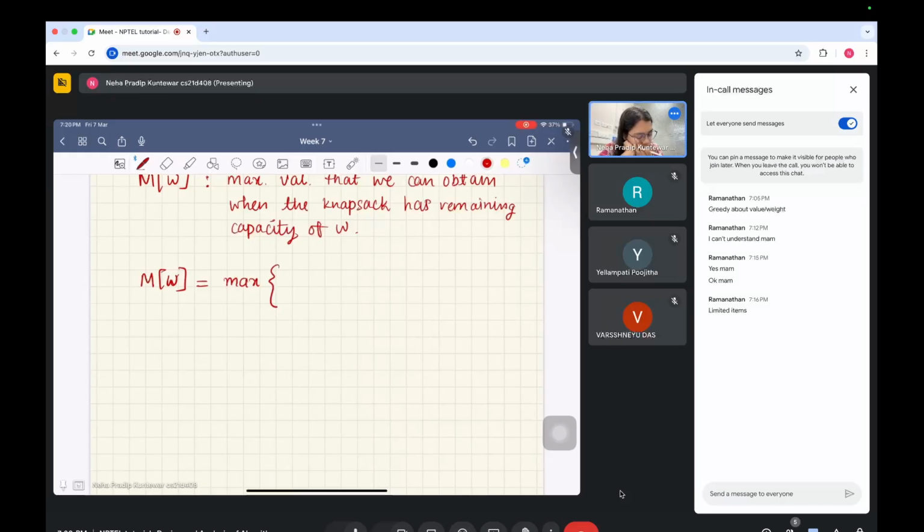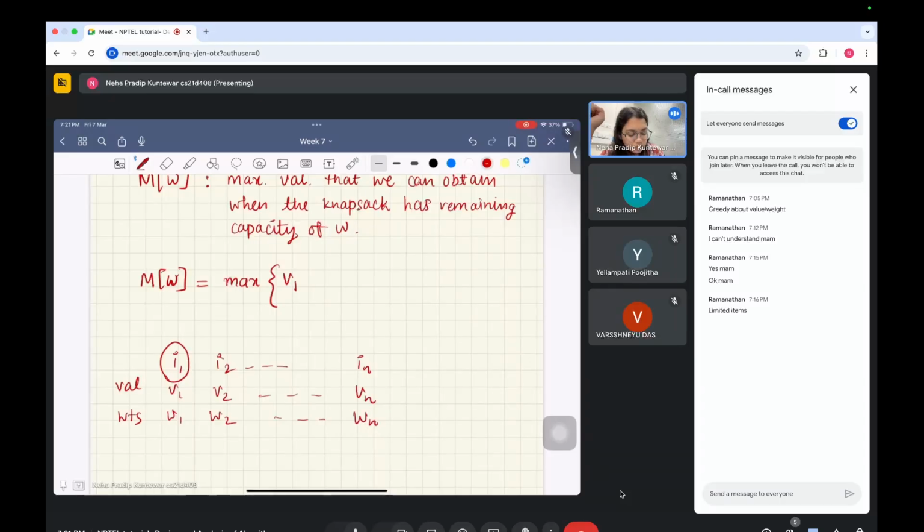So let's say my items are I1, I2 up to IN. Their values are V1, V2 up to Vn, and their weights are W1, W2 up to Wn. Okay, so if I take the first item, then I'm already getting a value of V1 with it, right?